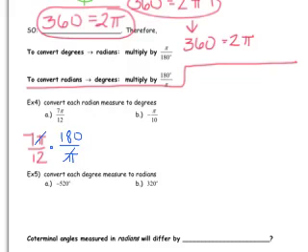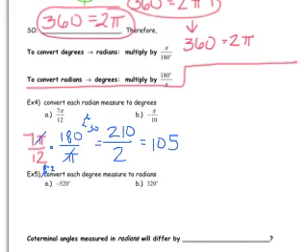Okay, let's do some mental math here. 12 is 6 and 2, and 180 is 6 and 30. So those 6's cancel. So that's 210 over 2. I don't know why I chose that. And then 105 degrees.